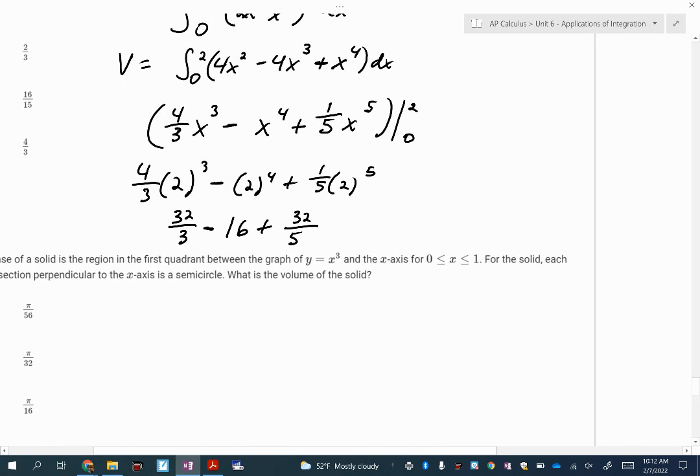If I get a common denominator for the 16 with 32/3, that's going to be 32/3 minus 80/3. Oh, that's not right. What's that going to be? Times 3 is going to give us 48/3.